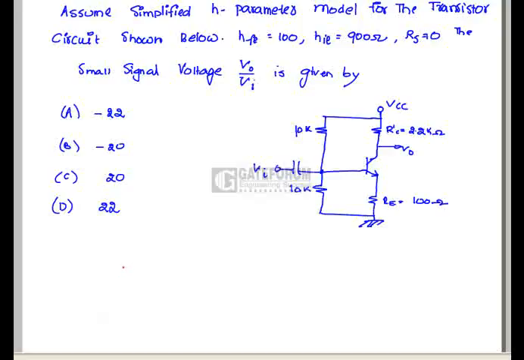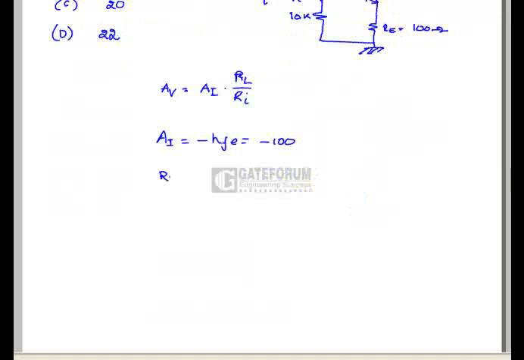We know that for common emitter with RE, the voltage gain is defined as the current gain multiplied by the load resistance divided by the input resistance. Here the current gain AI equals minus HFE, which is minus 100. The load impedance is 2.2 kilo ohms.